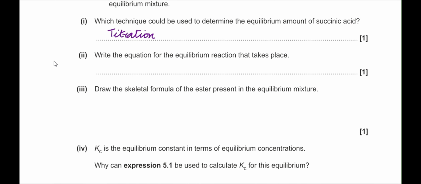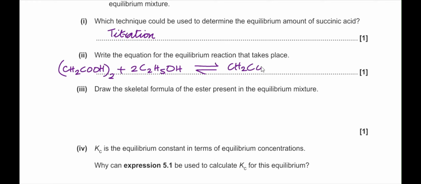So we can write CH2COOH twice plus 2 C2H5OH is in equilibrium with CH2COOC2H5 twice plus 2H2O.